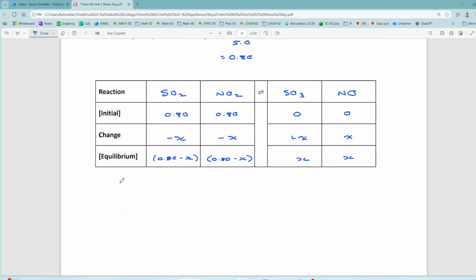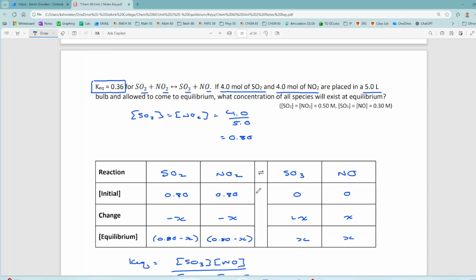Now let's write the KEQ expression. Concentration of sulfur trioxide, concentration of nitrogen monoxide, divided by sulfur dioxide and nitrogen dioxide.